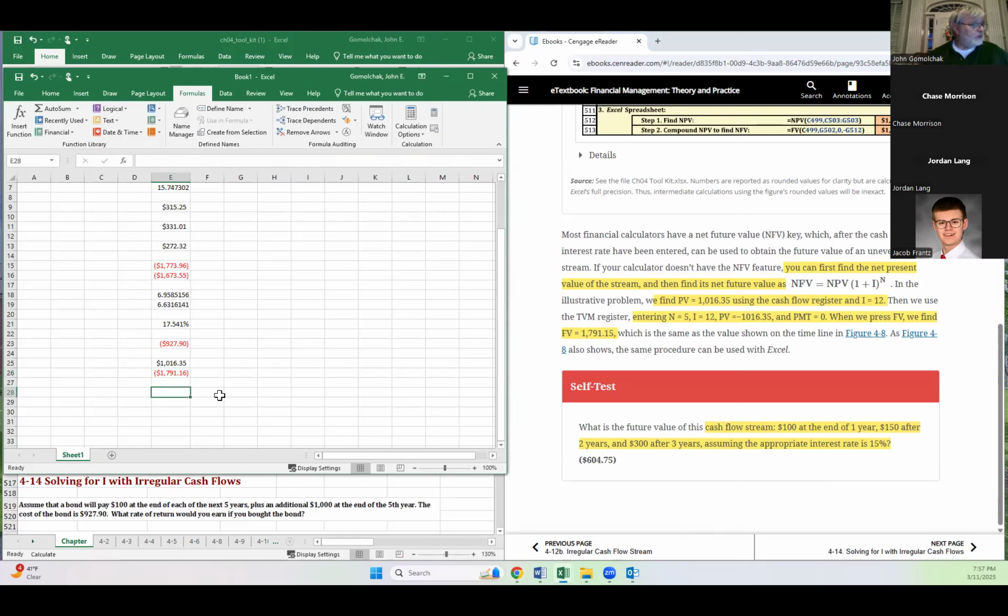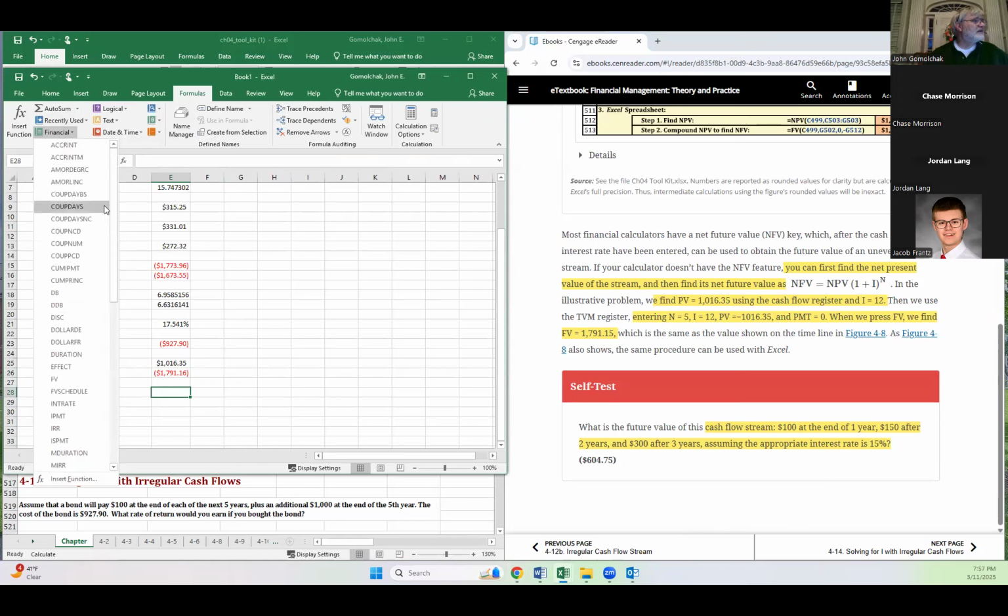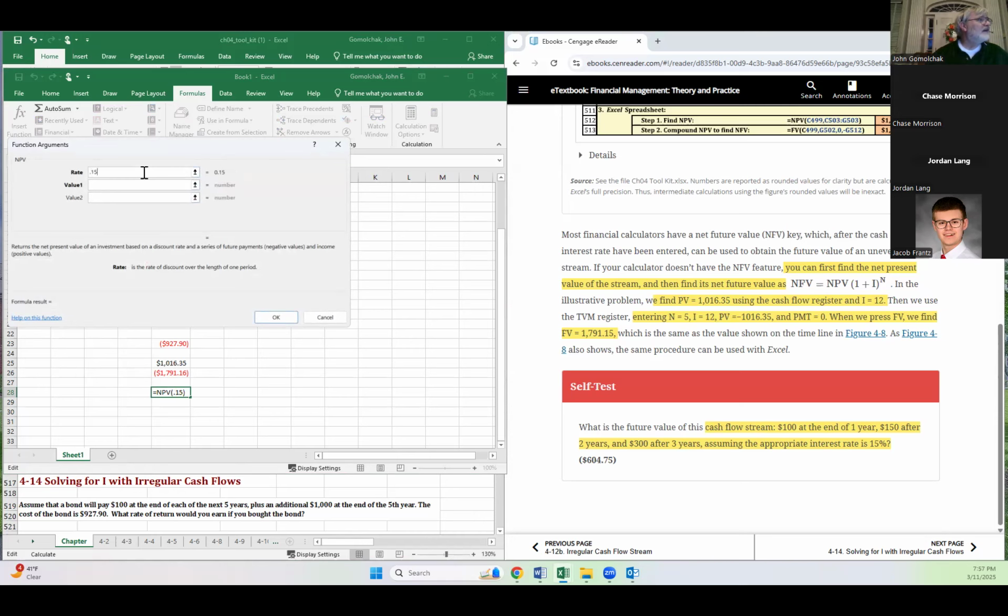So what did we do? We did the net present value, the NPV first. Rate is 15%. Value 1 is 100. Value 2 is 150. Value 3 is 300.